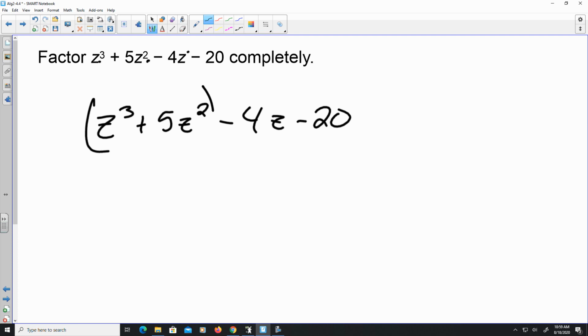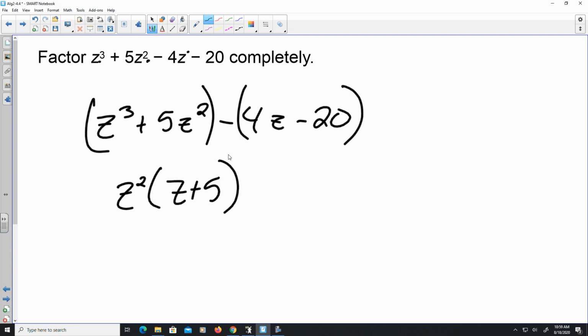Group it up, these two and these two. Factoring between z cubed plus 5z squared, it's just going to be z squared. What's left over is z plus 5. I got the minus, so I write that in. Between 4z and 20, it's going to be 4, and that's going to be z plus 5.